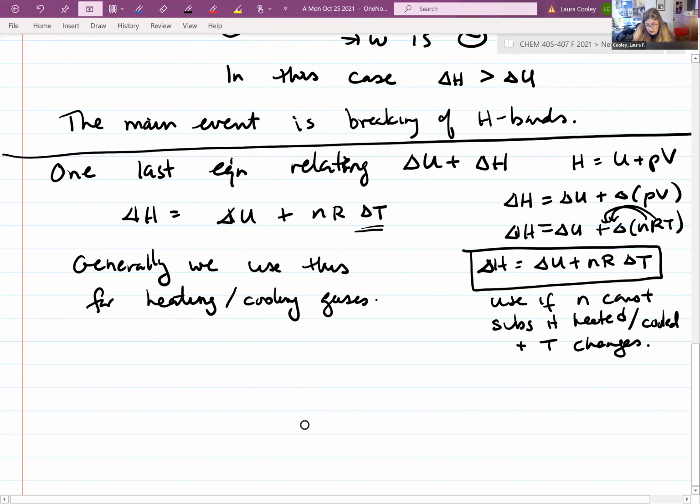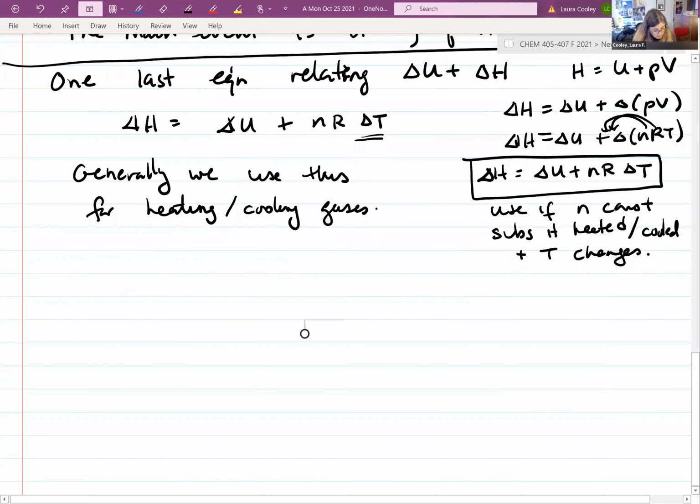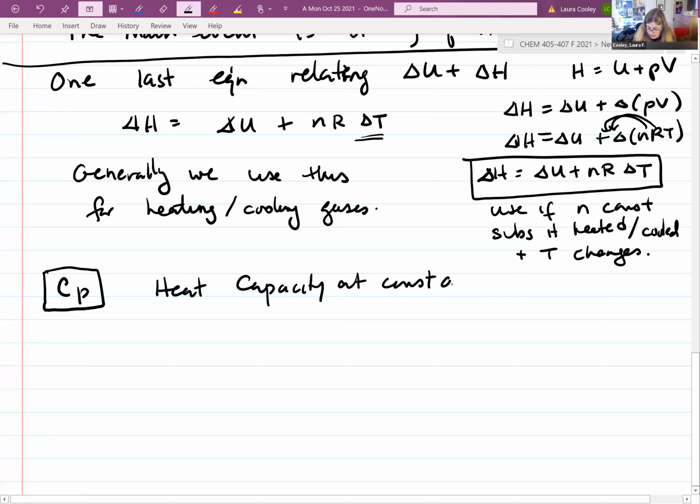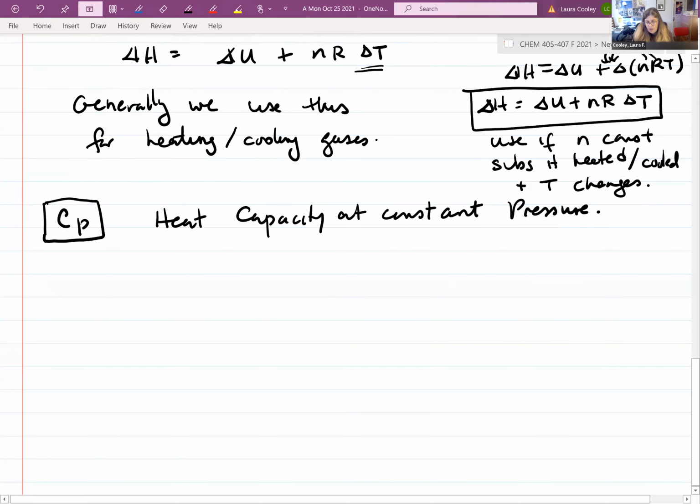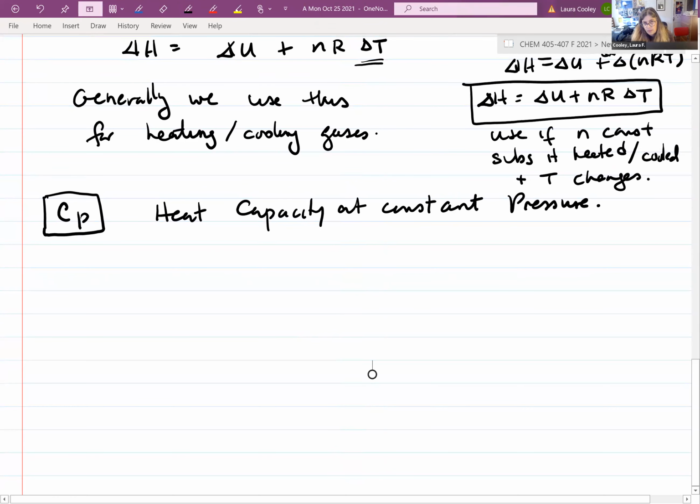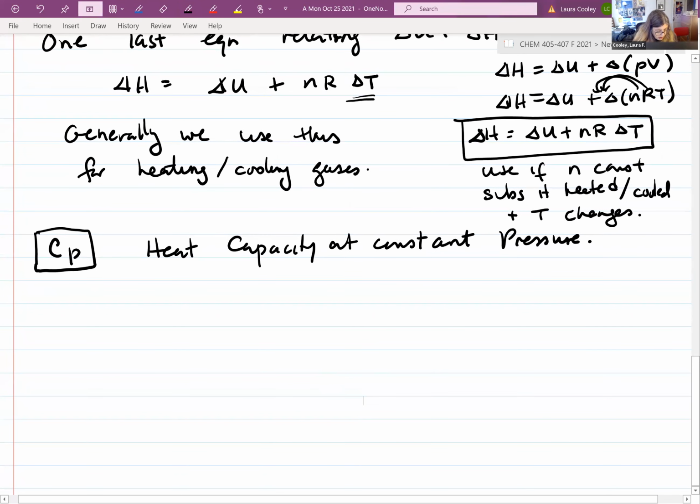So I'd like to do an example of that, but I first need to talk about something called CP. So CP, which is called the heat capacity at constant pressure. We've been focusing on constant pressure because it's so important to us chemists.